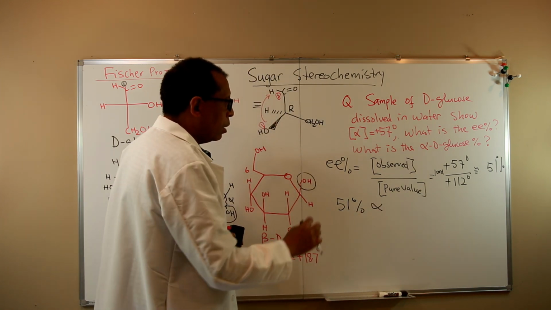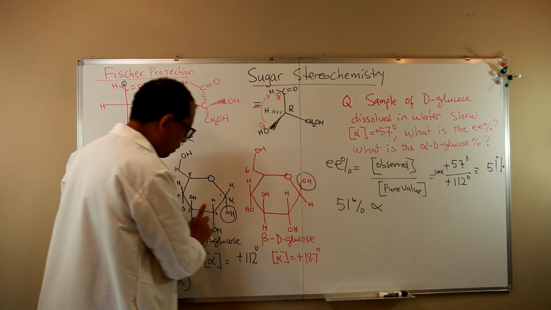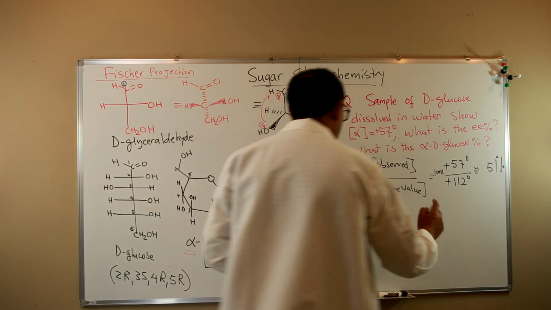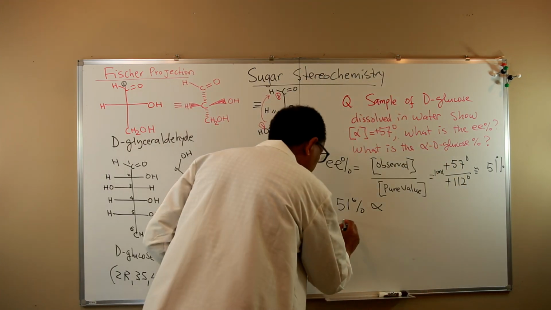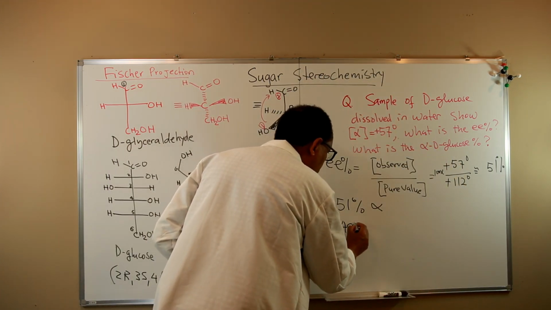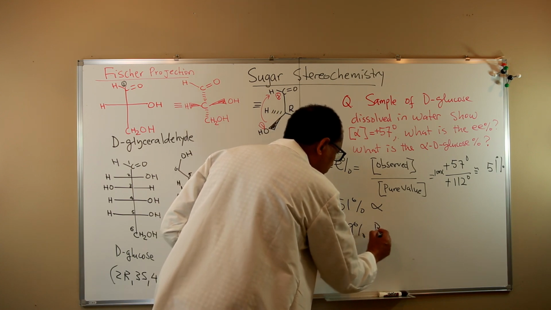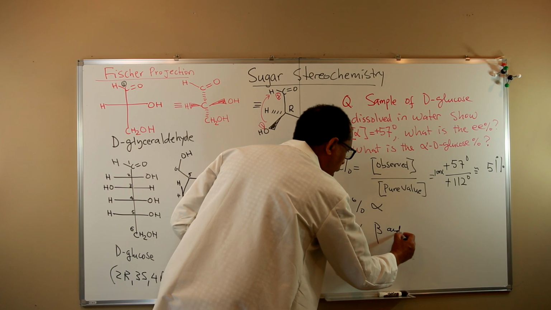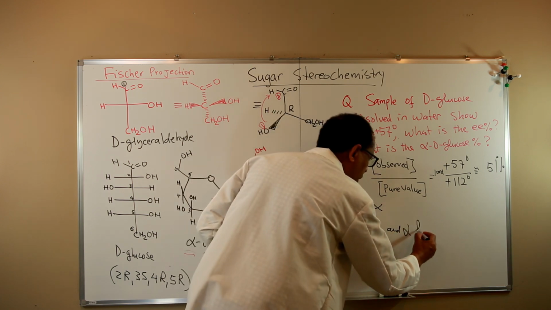The racemic mixture of alpha and beta is the remaining one. So 49% would be beta and alpha, a racemic mixture.